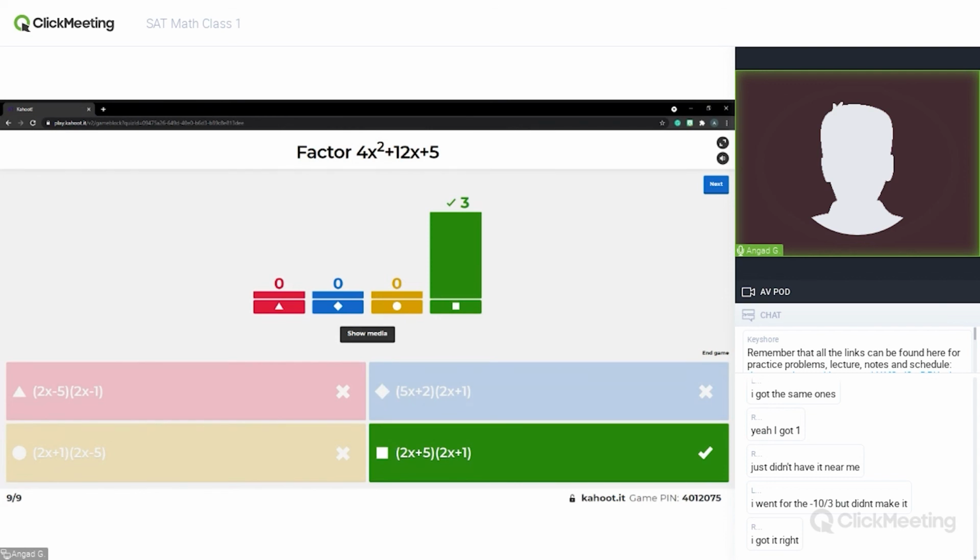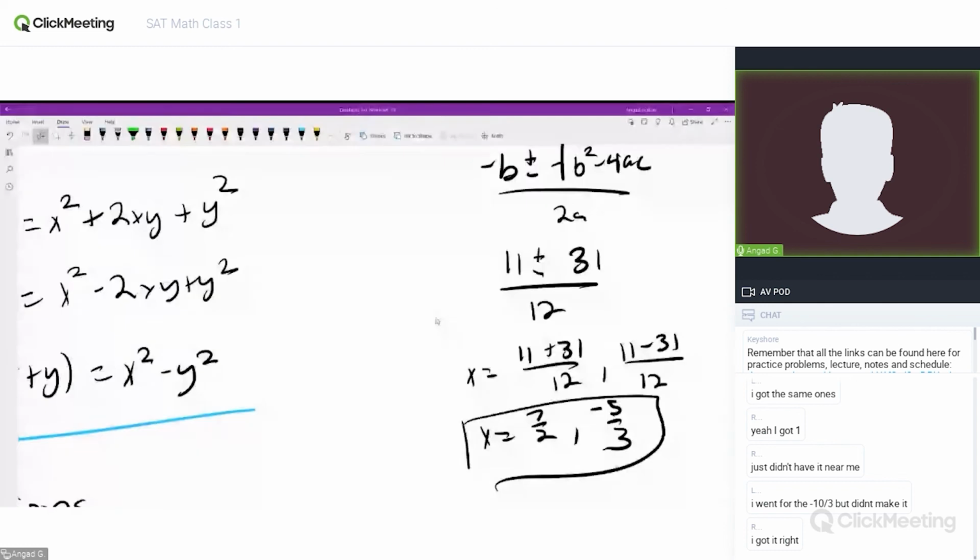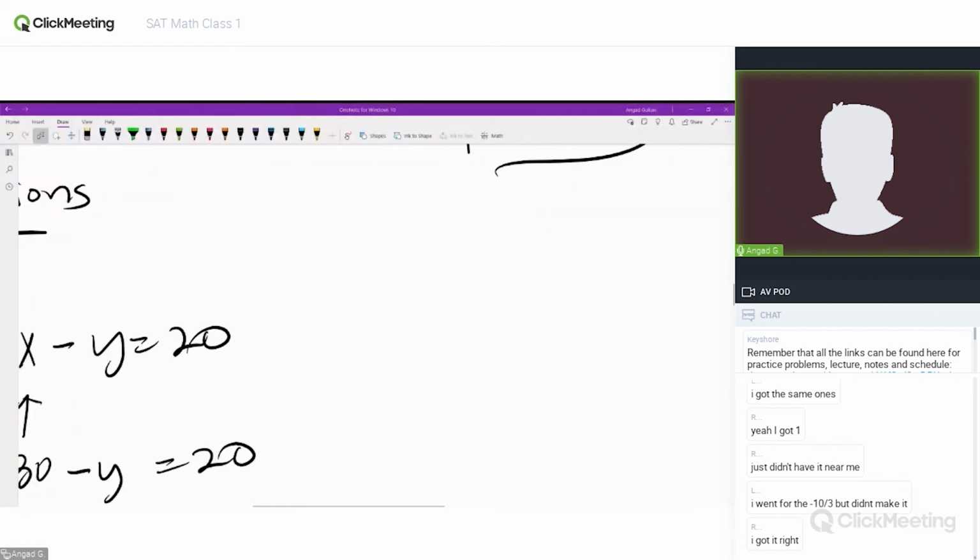So for something like this, where all our choices are factors, something I really like to do is just FOIL out the choices to make this super simple, right? So we have 4x squared plus 12x plus 5, right? Let's try the first choice, which is 2x minus 5 times 2x minus 1.